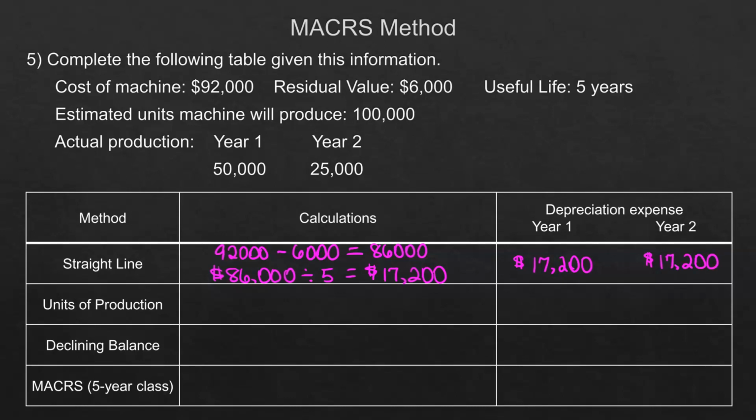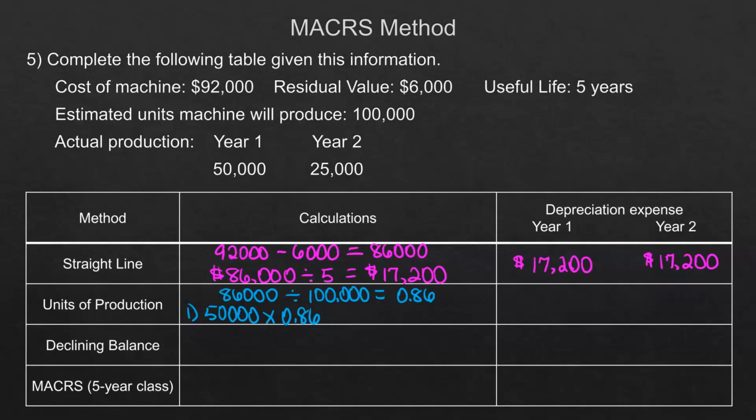And then units of production, we're going to take the 86,000. We calculated that on the last one. Divide it by the number of units we can produce, and that's going to be 0.86 per unit. And we multiply that by the two numbers given, 50,000 times 0.86.